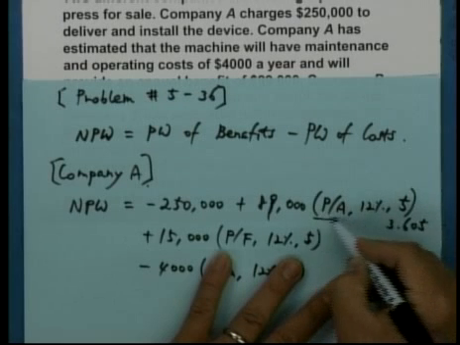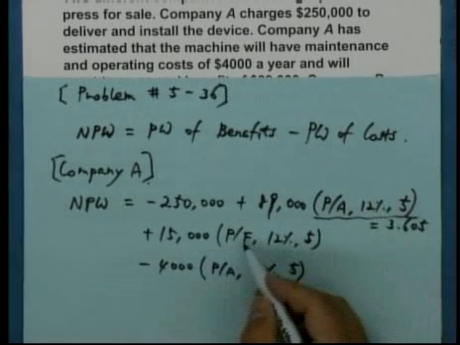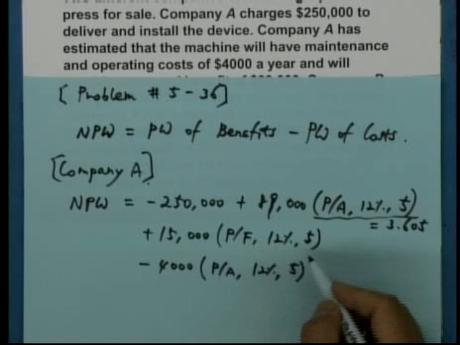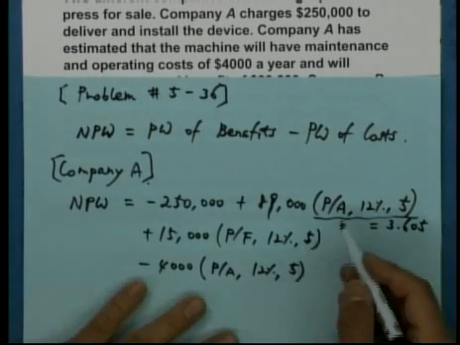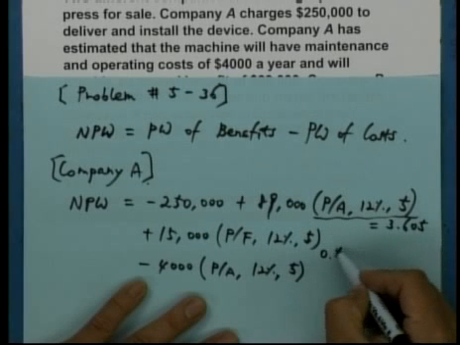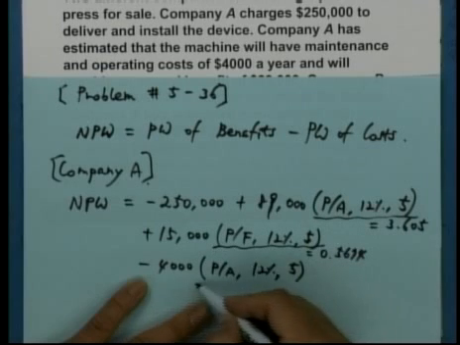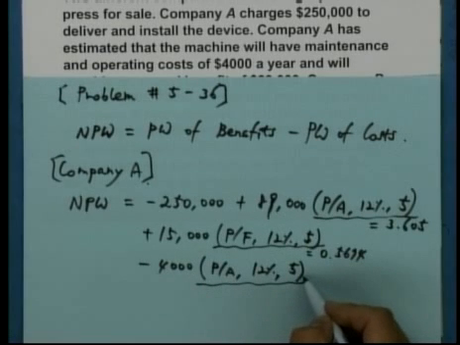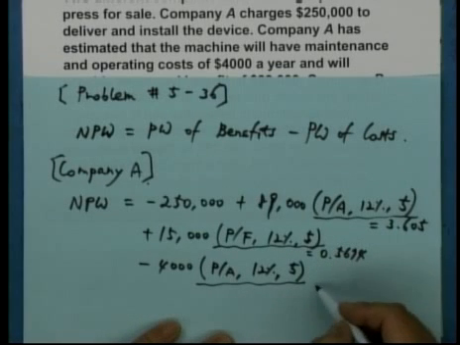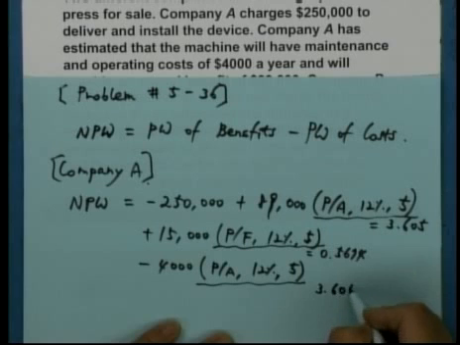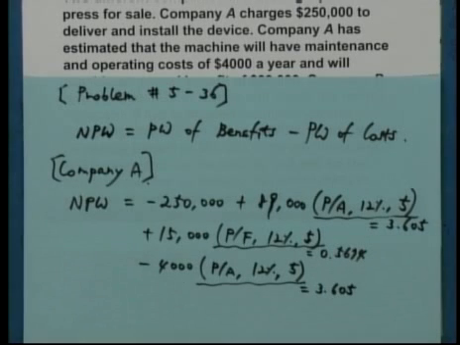P given F is 0.5674. And P given A, 3.605. Is that right? Okay.